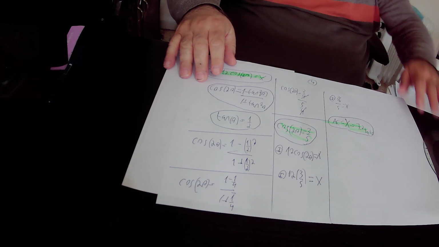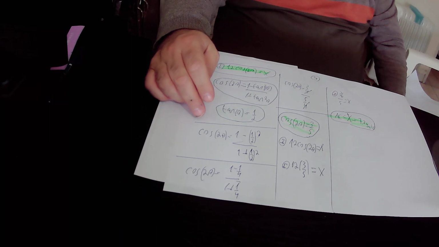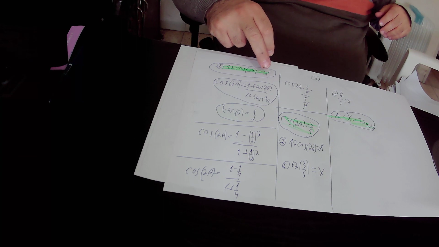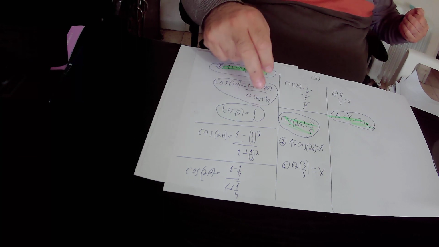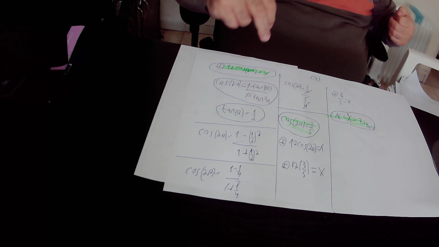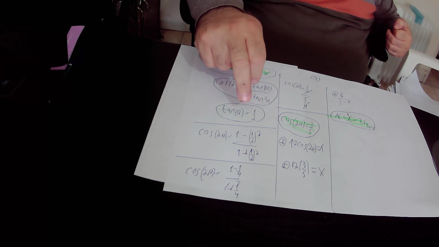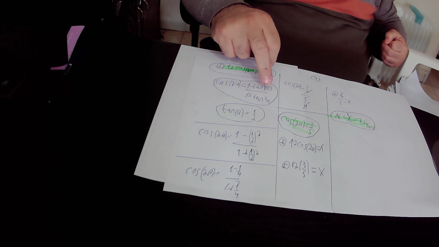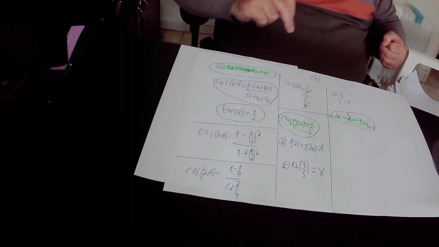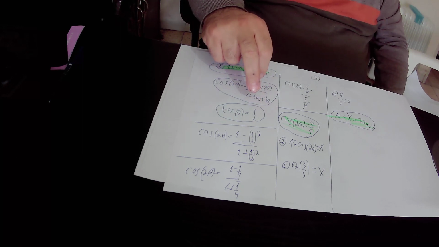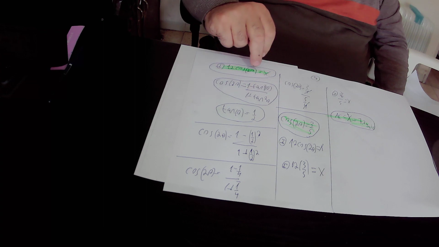If tangent theta equals 1 half, then tangent squared theta equals 1 half squared. Okay, 1 half squared is 1 quarter.